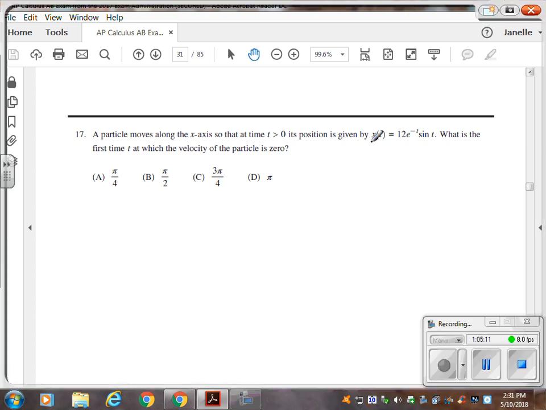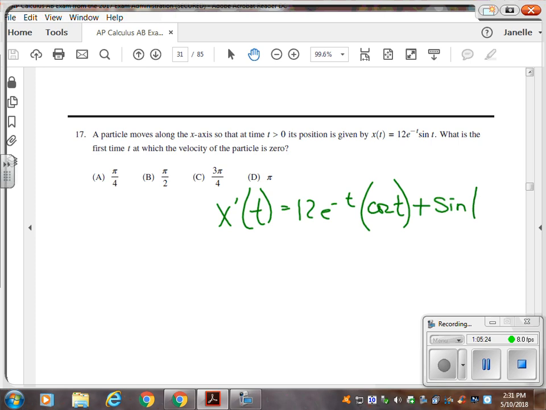So you go through the process of doing the derivative of a product rule. So we write down the first, the derivative of sine is cosine, plus write down the sine, and do the derivative of your problem here, which all that does is put a negative on that, right? Everybody agree? Negative 12 e to the negative t, because the derivative of the power is negative. That's all it does when you do e's.